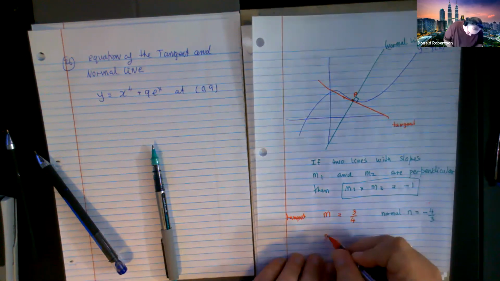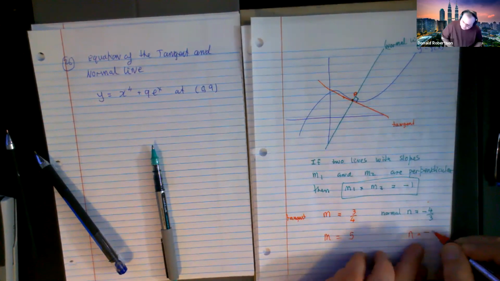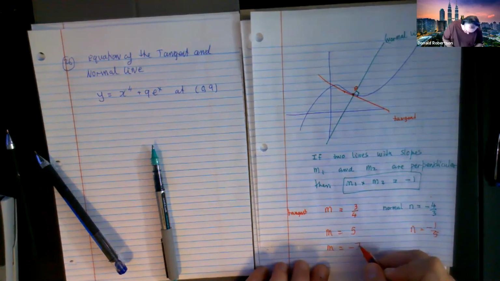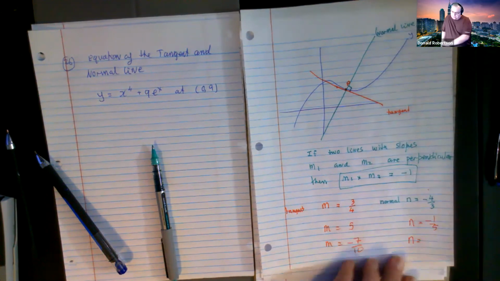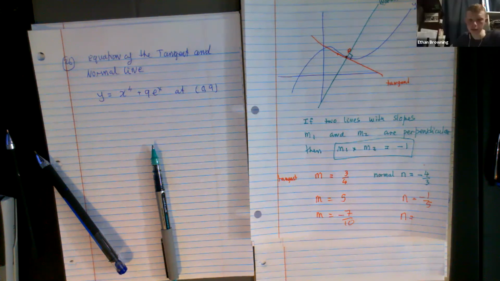So suppose this guy is 5. Won't this guy be -1/5? Suppose this guy is -7/10. What will the other guy be? 10/7. Negative reciprocals.